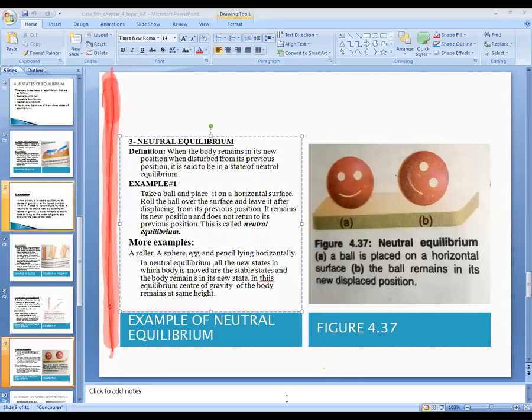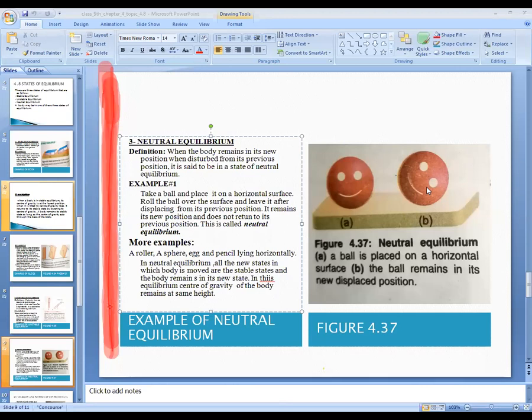In neutral equilibrium, what will happen? All the new states in which the body is moved are stable states. So when we roll this, the body will take the new position and it will never come back to its original position again. That will also be a stable condition.